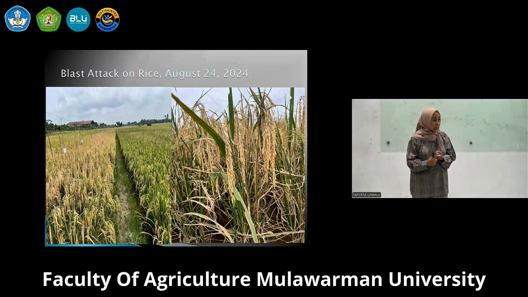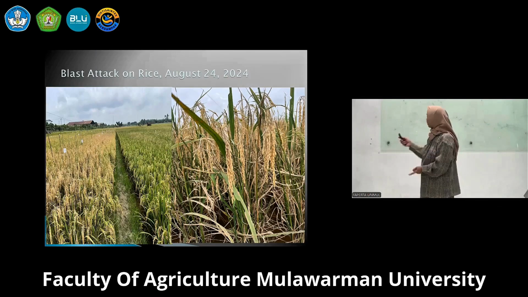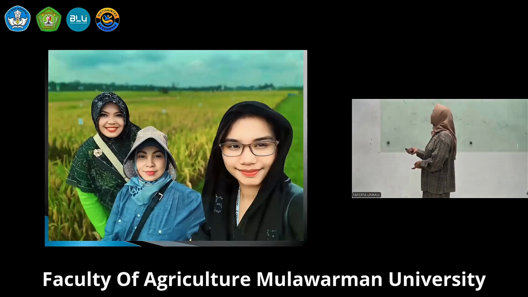He planted Digdaya, and also Inpari 32 and others, IR 64 also. Digdaya was the one where they almost lost the production, but the others survived. It means varieties are important. When you want to plant, choose a resistant variety. Okay, so that's one thing.